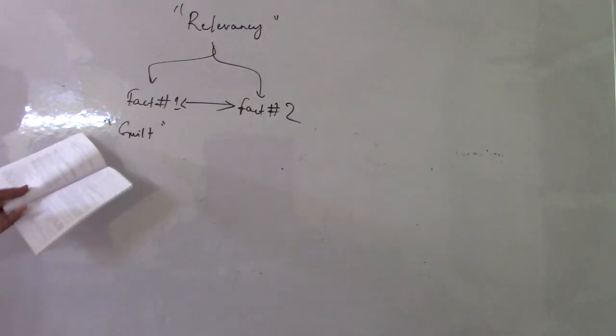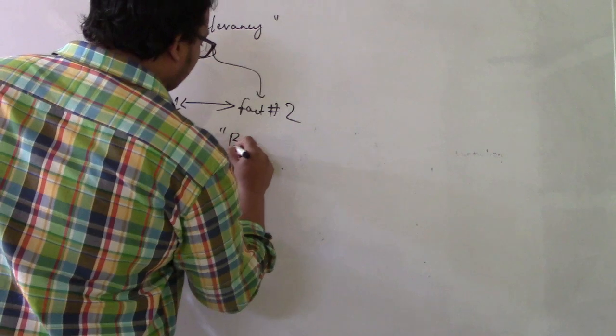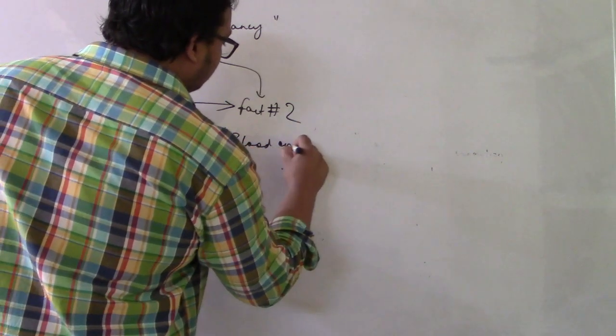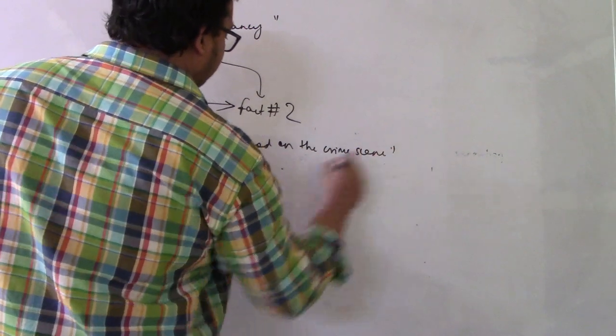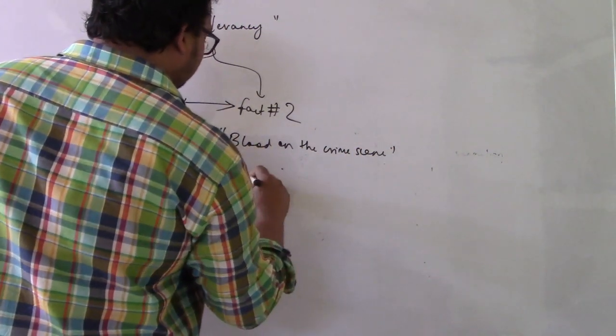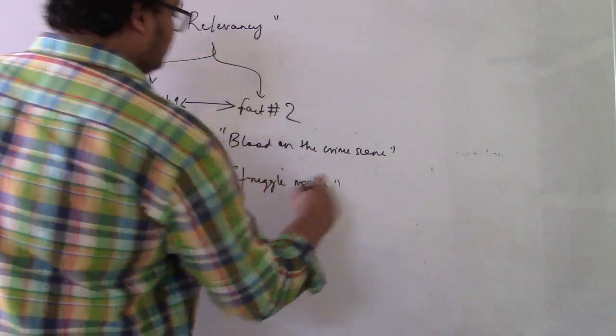Okay? Now, this guilt is connected to blood on the crime scene and struggle marks. Okay?